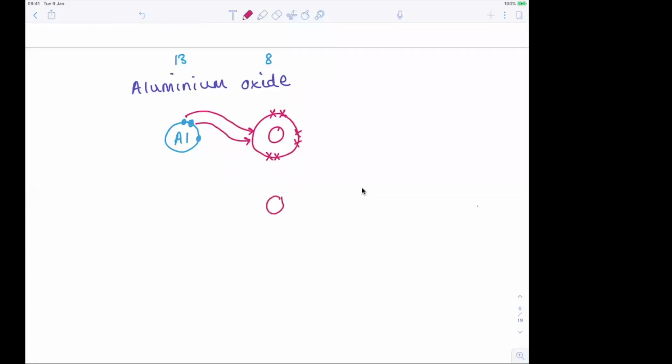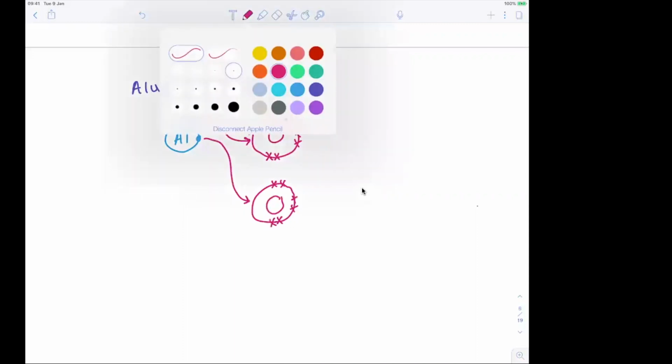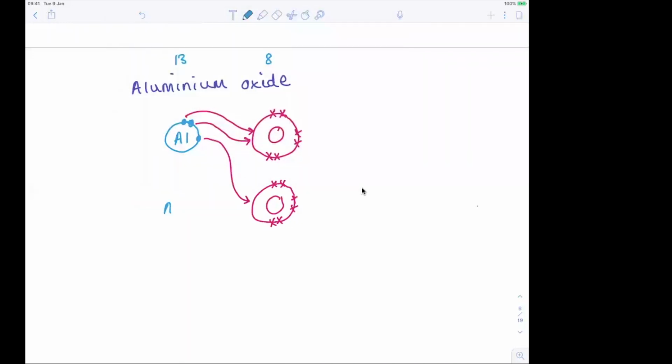So we need to draw another oxygen. But look, again, we have a problem because now oxygen is lacking. So that's when we draw another aluminium. Again, it's going to have 3 electrons in its outer shell.